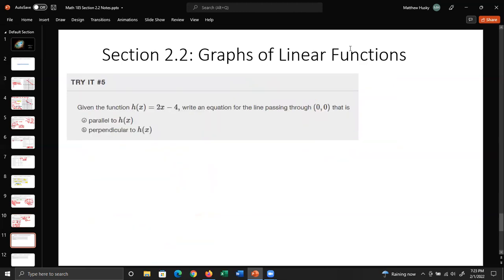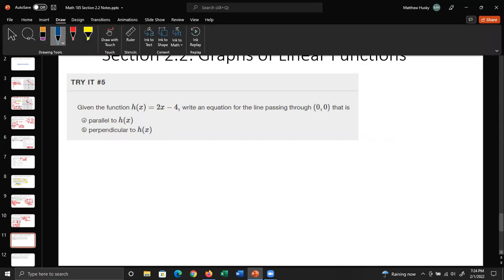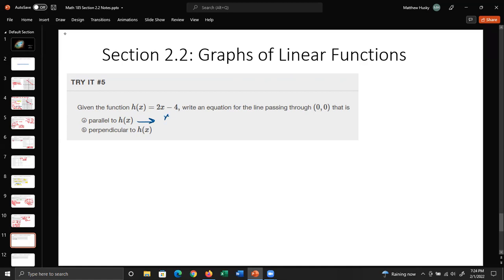Here they say, given the function h of x equals 2x minus 4, write an equation for the line passing through (0, 0) that is parallel and that is perpendicular. So for parallel, we basically want M1 to equal 2, and for perpendicular, we want M2, the second slope, to be negative 1 over 2. We're going to use x1 as 0 and y1 as 0.